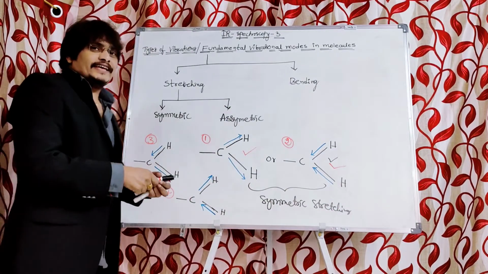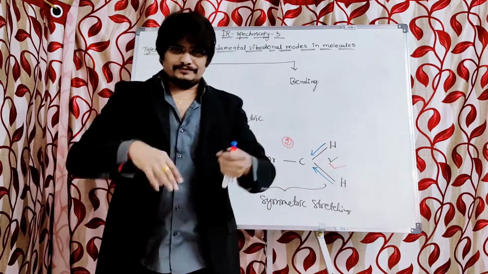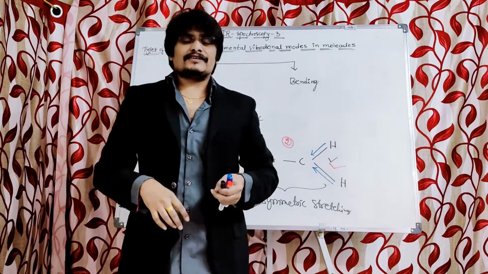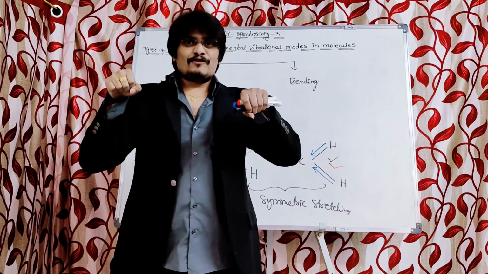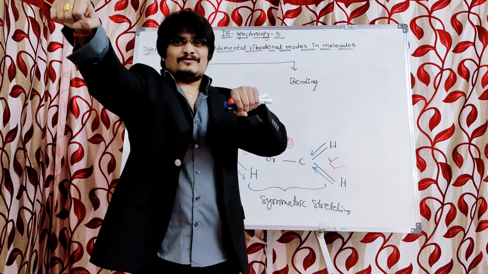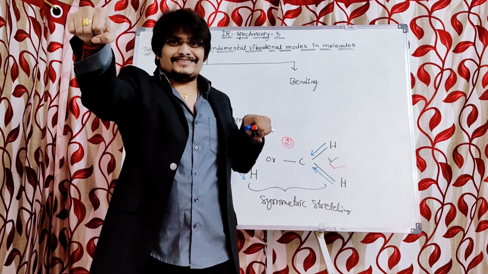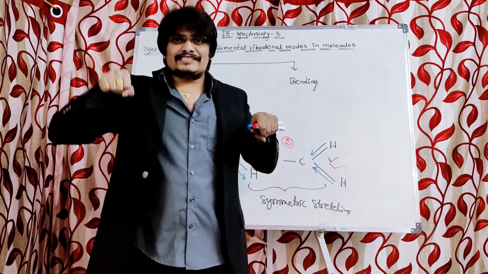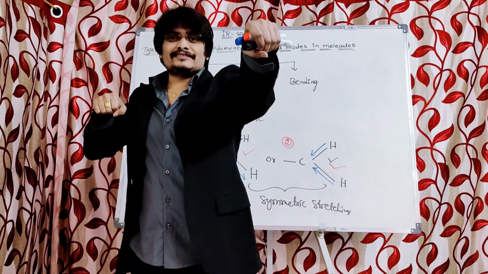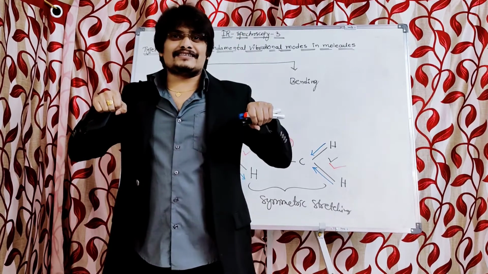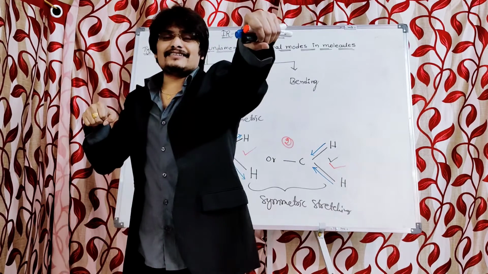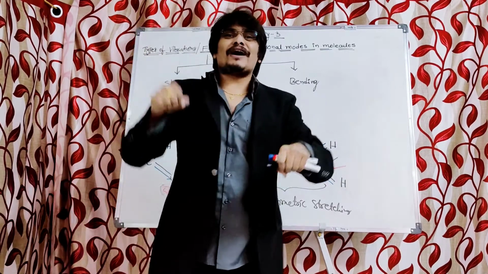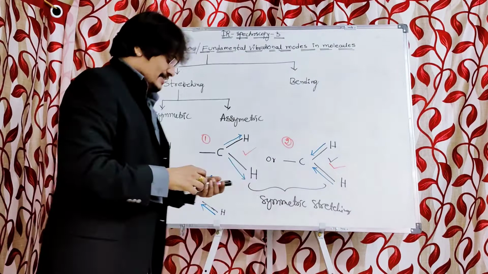In these 2 cases, what is happening? Same carbon, center of mass. These are the bonds: one is increasing, one is decreasing. One is decreasing, one is increasing. This is nothing but asymmetric stretching.